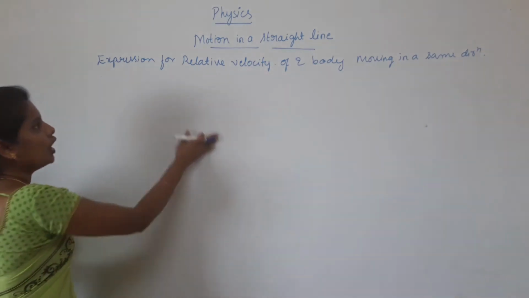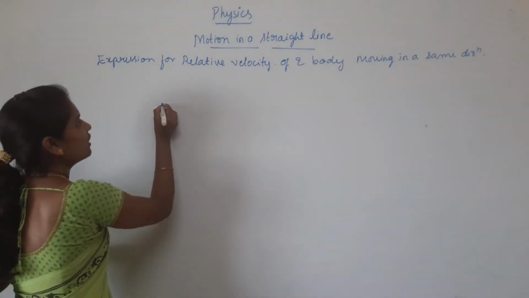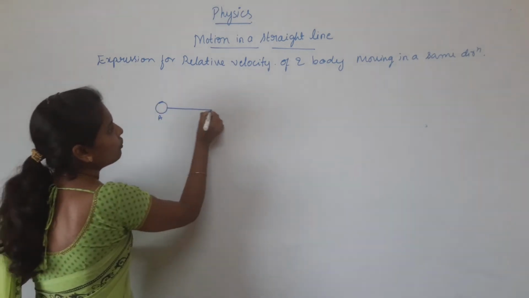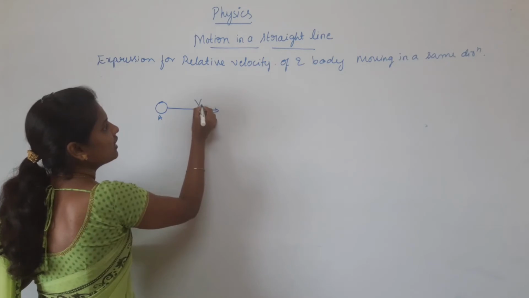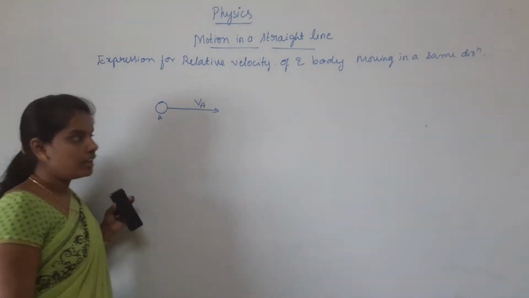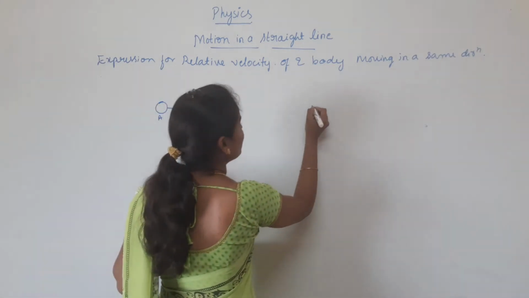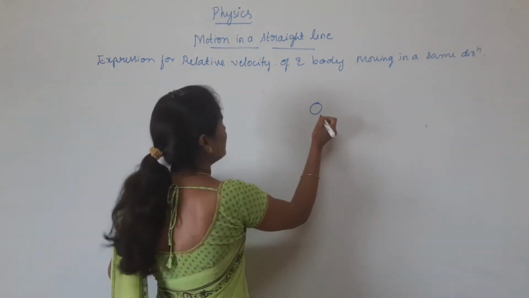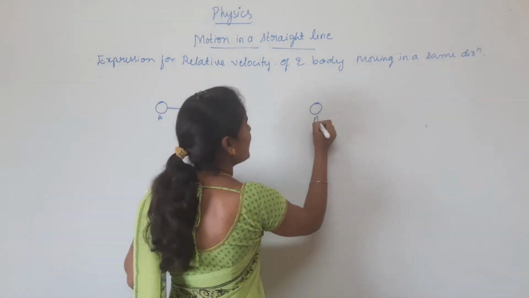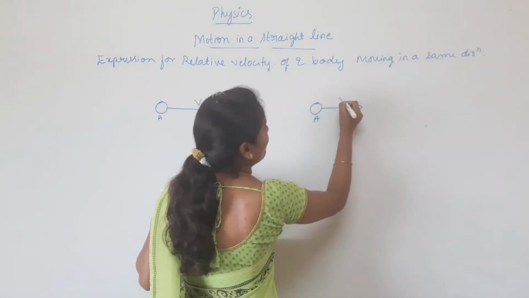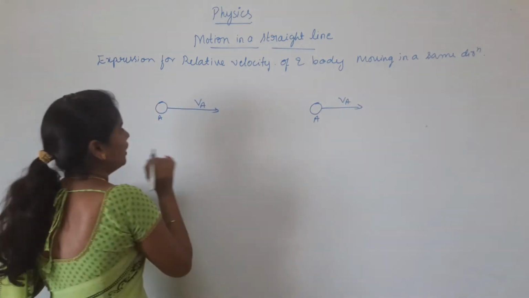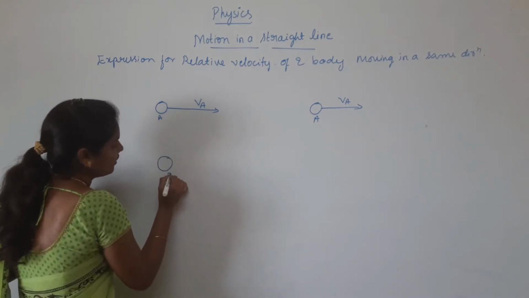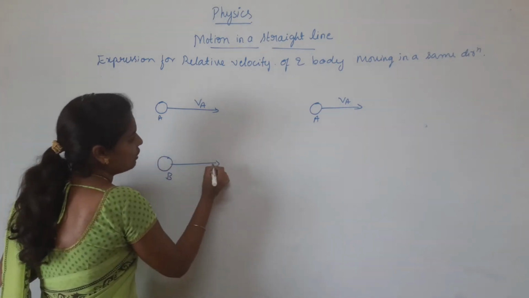Consider two bodies. This is A moving with a velocity VA. After some time, A will move to this place. Another body B is moving with a velocity VB.